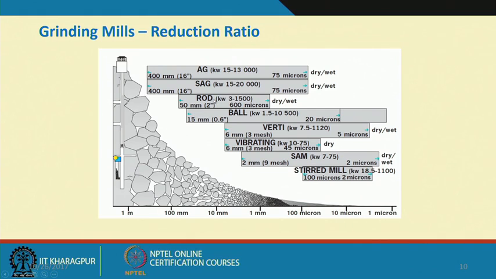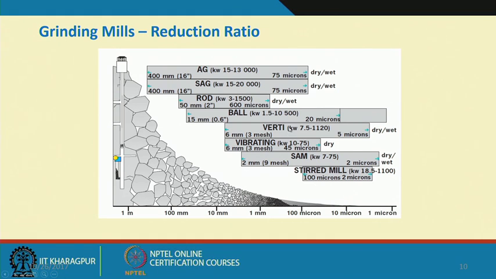Rod mills consume around 3 to 1500 kilowatt hours of power, and can give you a reduction ratio from 50 millimeters to 600 micrometers. If we look at the ball mill, it consumes a power of 1.5 to 10,500, and it can give you a reduction ratio from 15 millimeters to 20 micrometers.